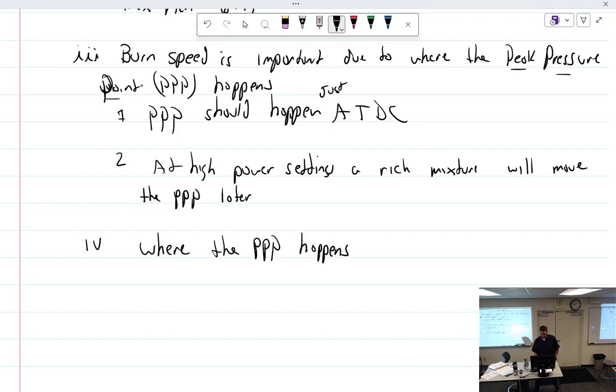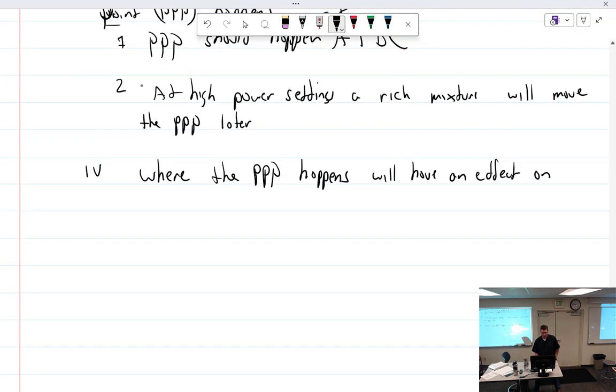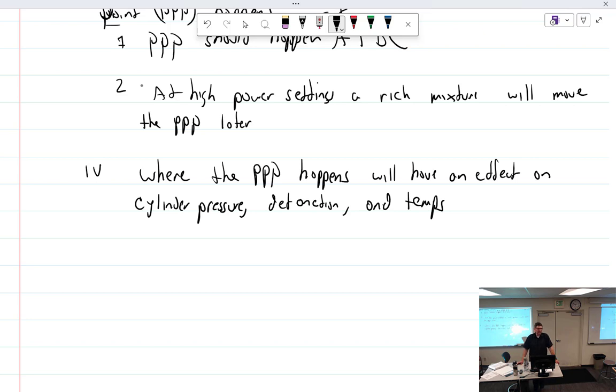Where the peak pressure point happens will have an effect on cylinder pressure and detonation, which we talked about, and temperature, which is a big thing. If you don't know anything else about running your engine, you're going to be watching at least your temperature. And when that temperature starts to run away and starts melting cylinders, that's really bad.